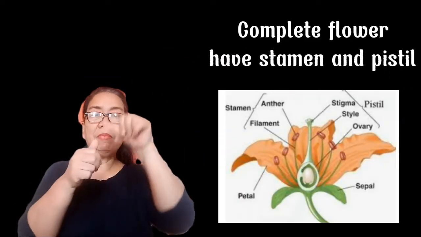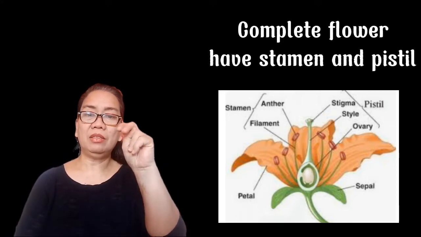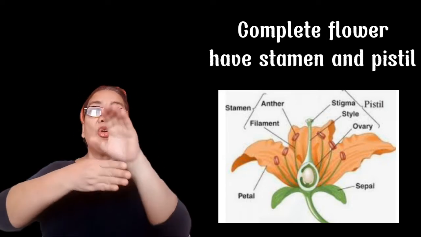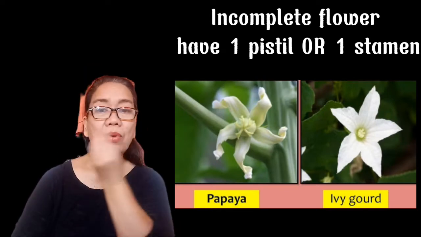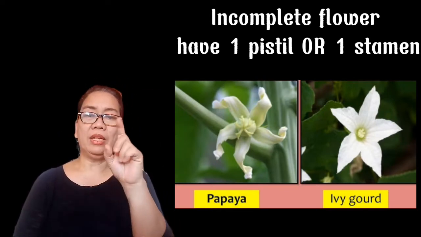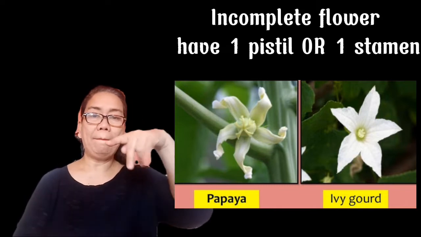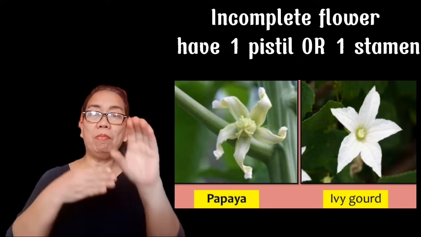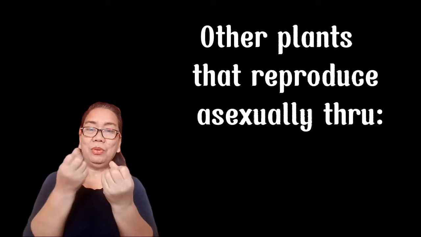You have to remember that flowers with both the stamen and pistil are called complete flowers, while flowers with only one, a stamen or a pistil, are called incomplete flowers.